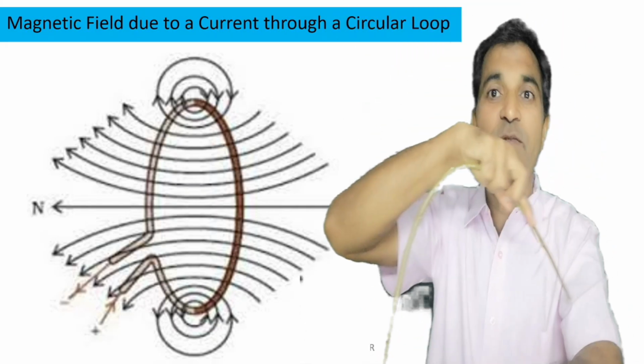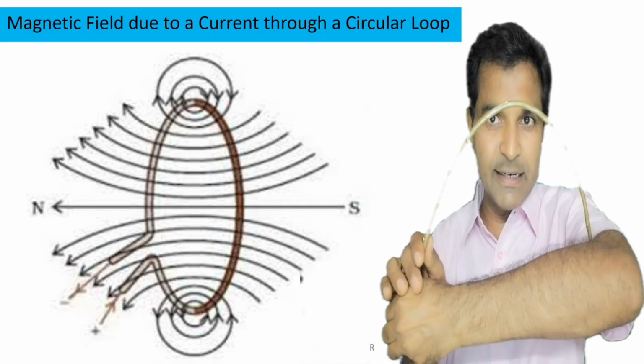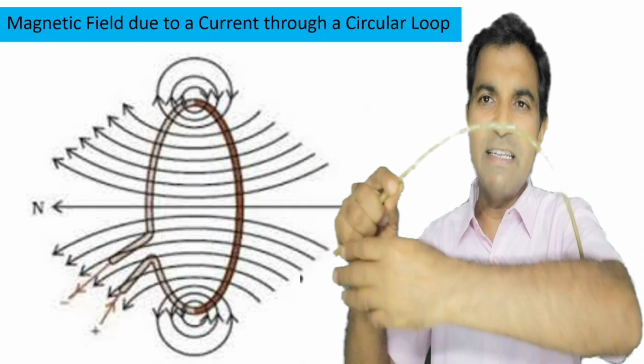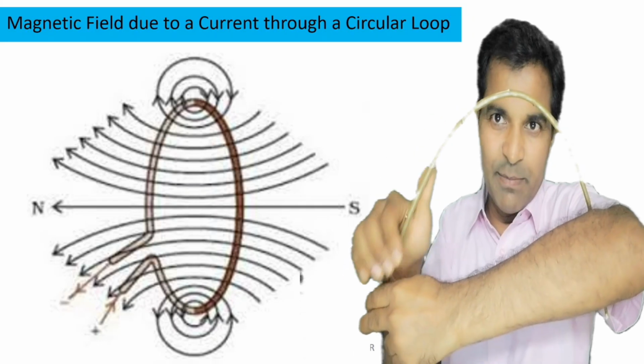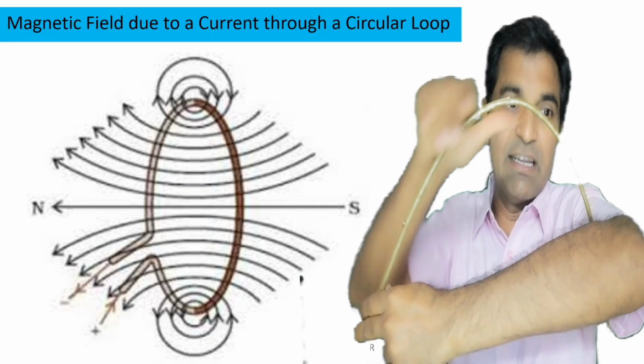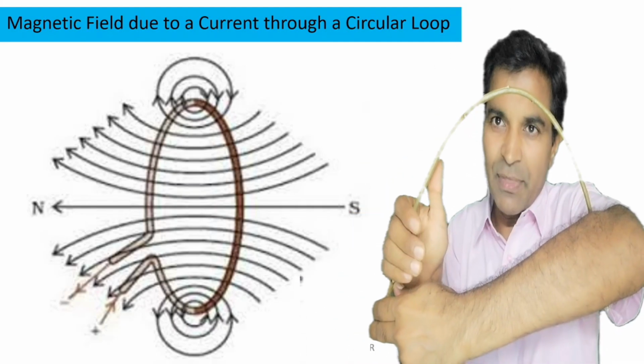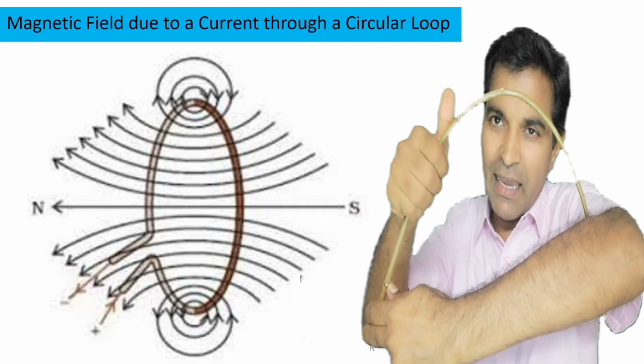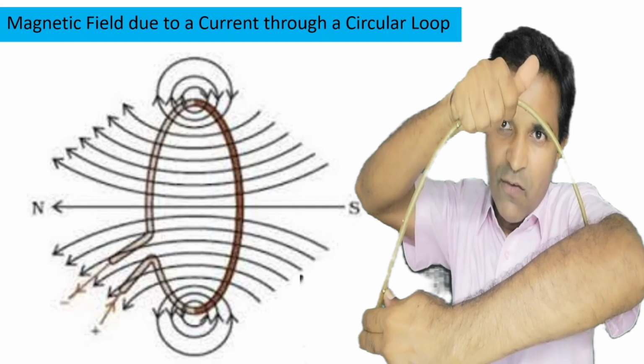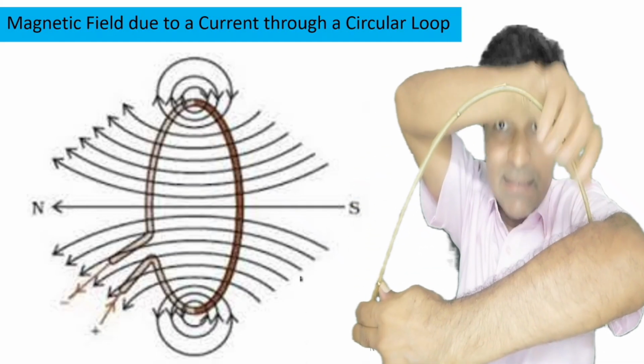So if we bend the long conductor in a circular loop, then it is very clear that if this is the direction of the current, which is now bent, then the direction of the lines of magnetic force will be something like this.